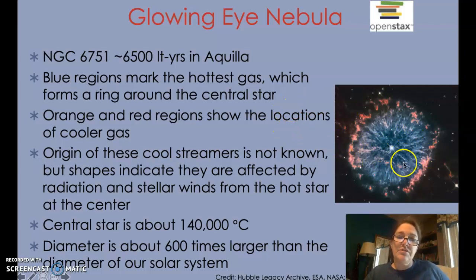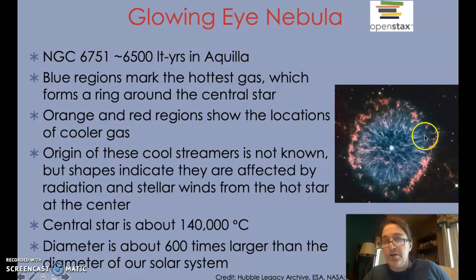The blue regions are the hottest gas. The red and orange show locations of cooler gas. The reason I don't want you to remember the colors and what chemical they mean is because these images are created using different types of light, and so the colors are not unique.